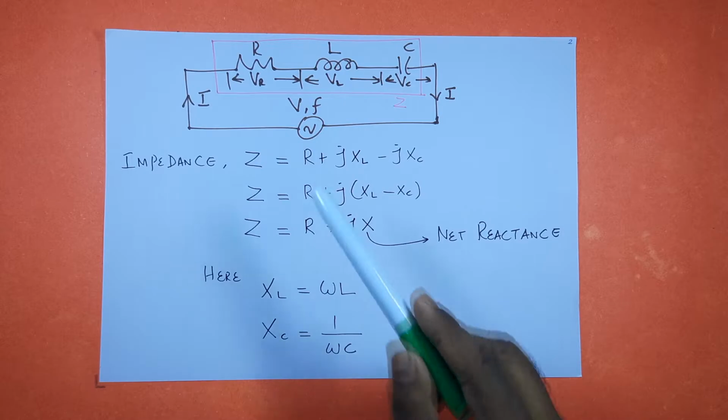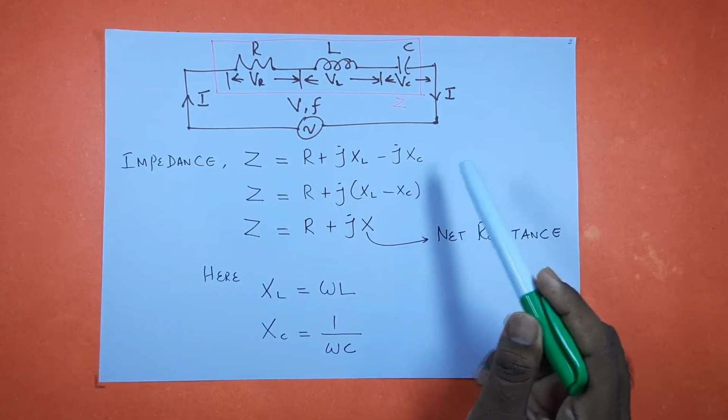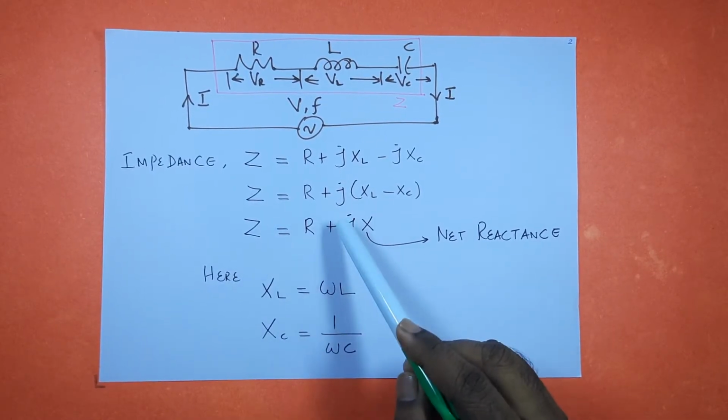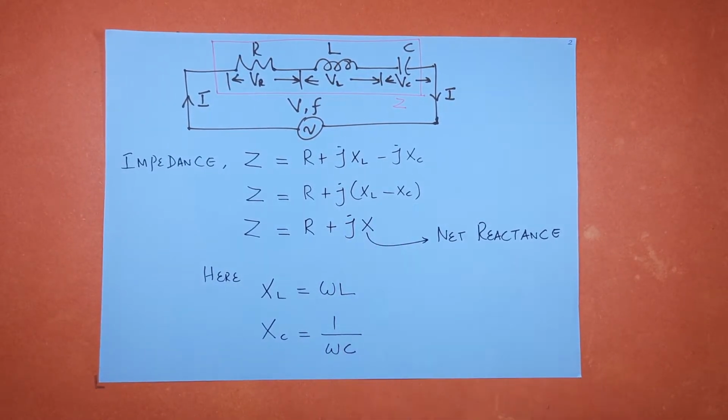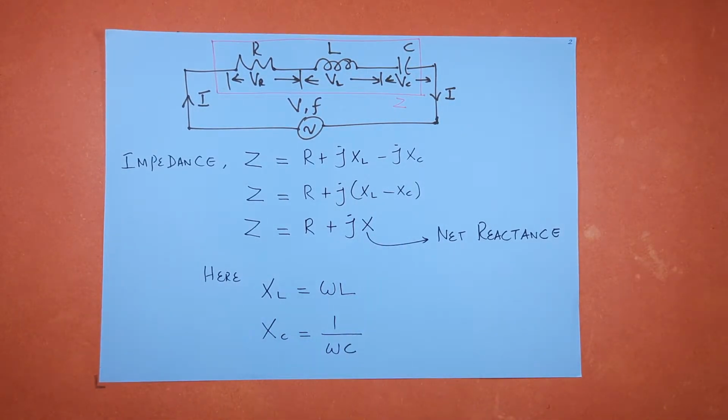Impedance is Z equal to R plus jXL minus jXC, Z equal to R plus j of (XL minus XC), Z equal to R plus jX. This XL minus XC we write as X, which is the net reactance.